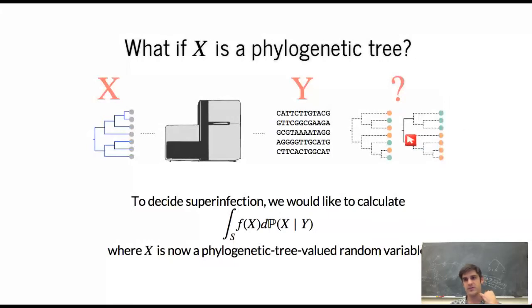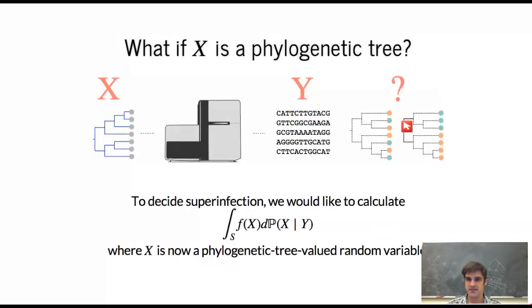A reason why we might want to do this is actually one of the first questions I worked on when I was here at the Hutch: if you take two samples from an individual who's got a chronic infection such as HIV, does it appear that those two samples came from two separate infections or from one infection?